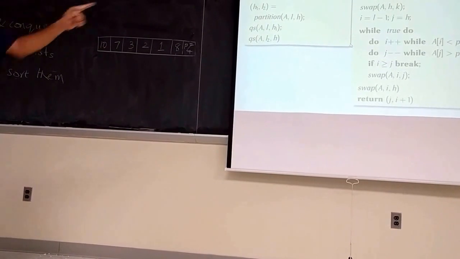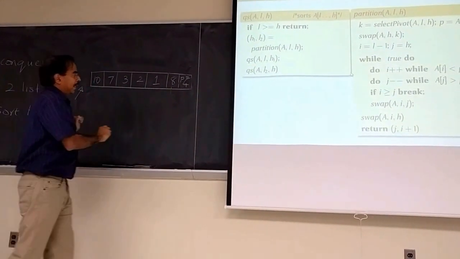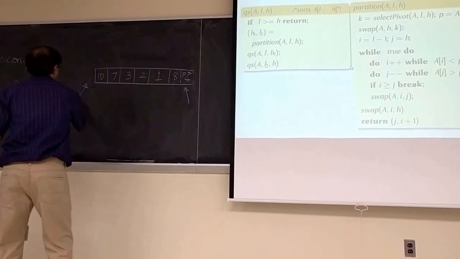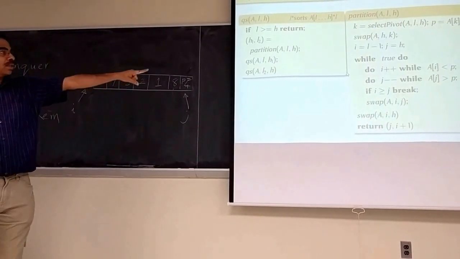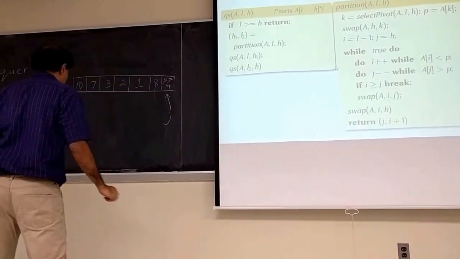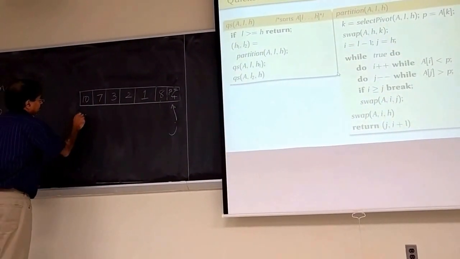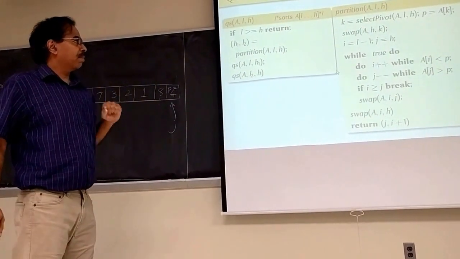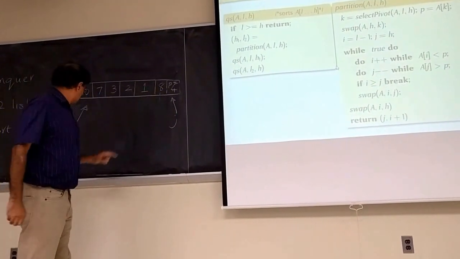Okay? So now we set I equals L minus 1, so I is here, and J is equal to H. So that is going to be J. Now I plus plus, so we're going to increment I, and so it's going to become here. And we compare A[I] less than P. Is 10 less than 4?